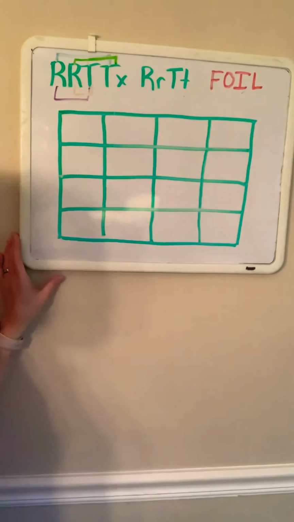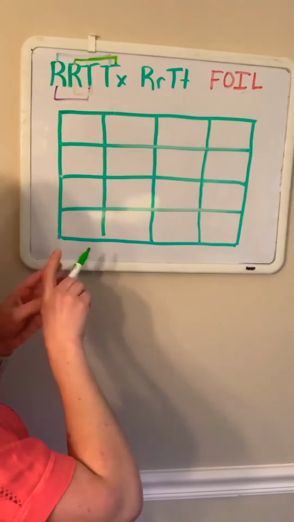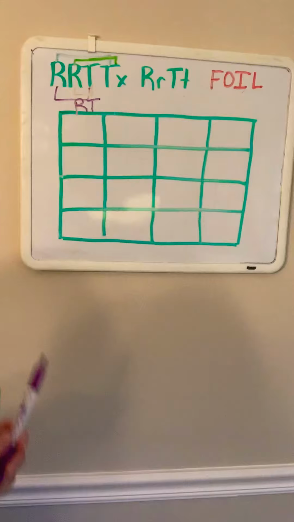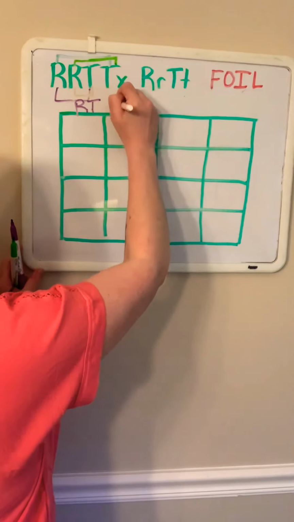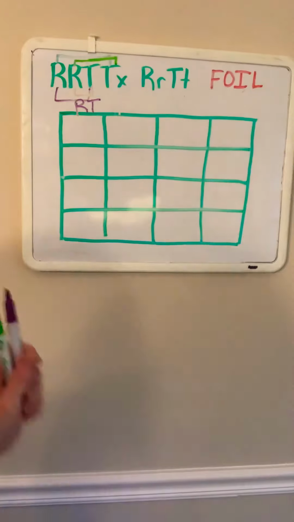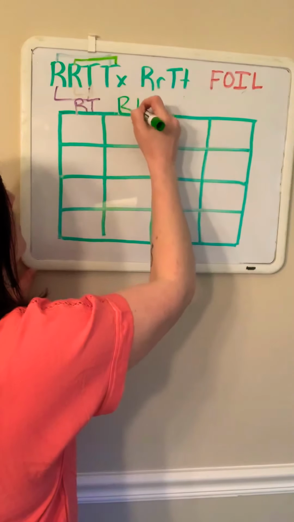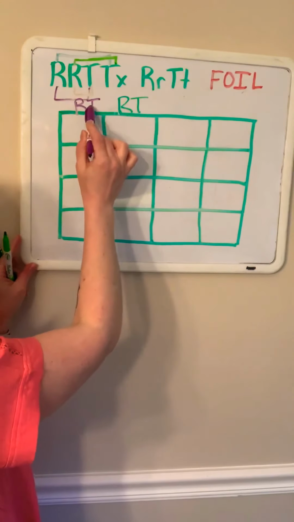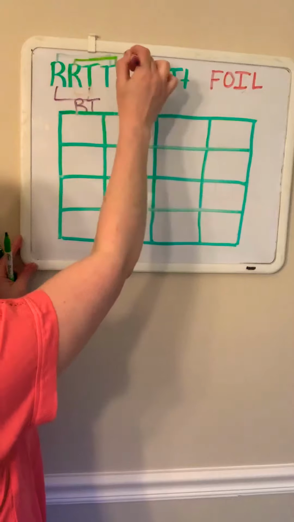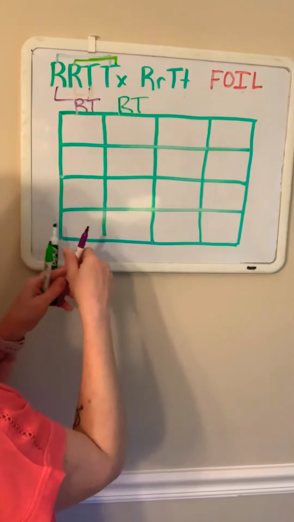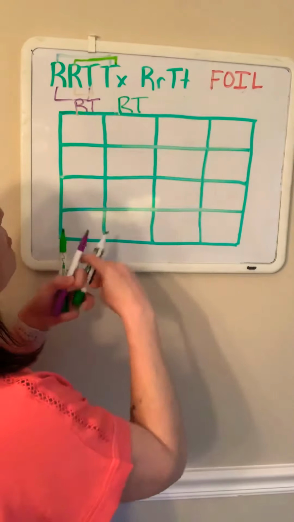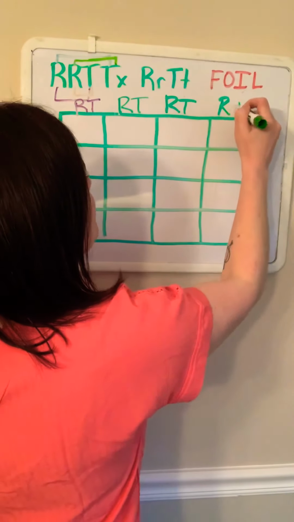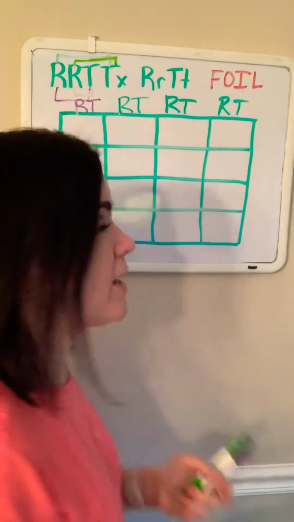So first was capital R, capital T. Outer, capital R, capital T. Inner was again capital R, capital T, and last, capital R, capital T. Obviously that's not always going to work out like that, but it just happened to there.